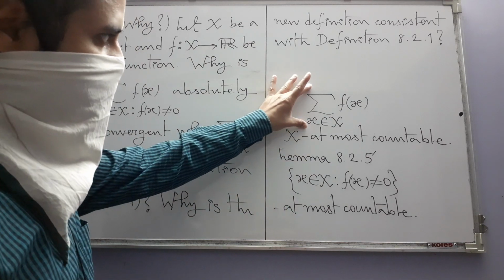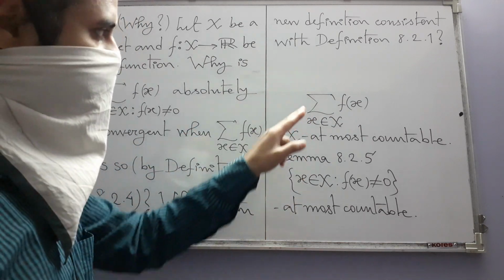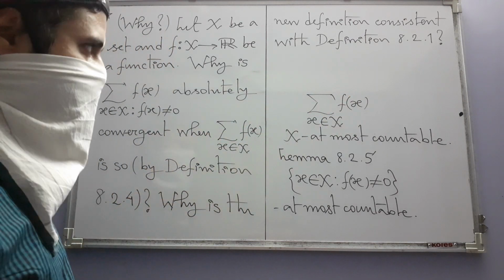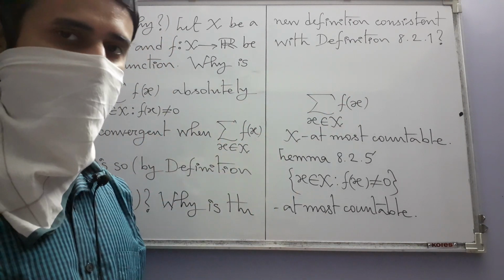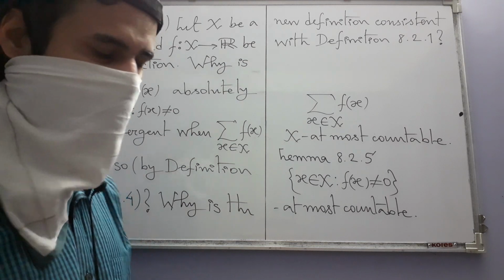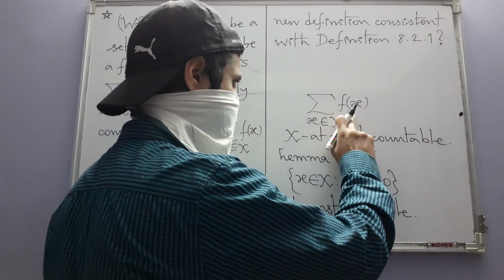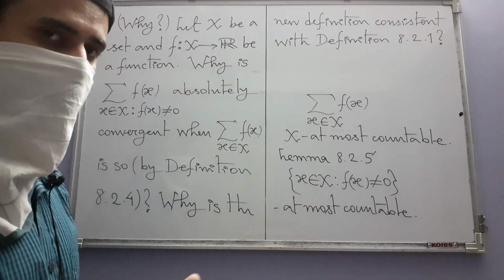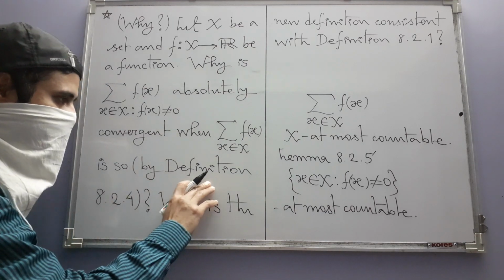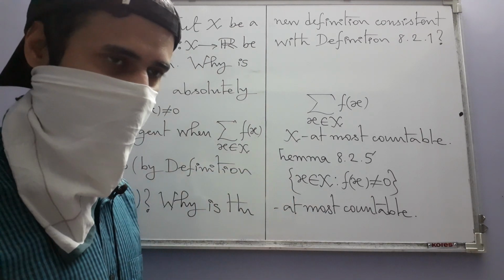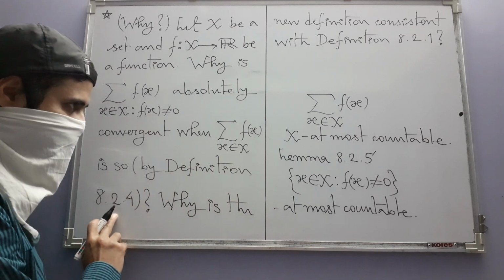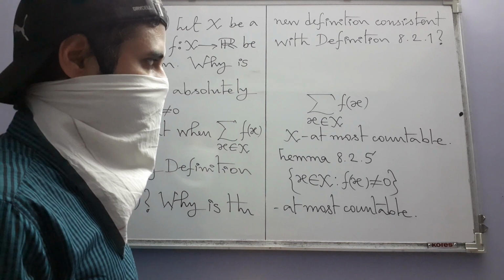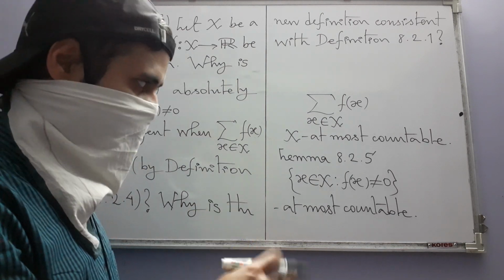Then you can define this sum in two ways, either using the first definition or using the second definition. Consistency of the two definitions means that when this is absolutely convergent by the first one, then it should also be absolutely convergent by the second one, and vice versa. When it is absolutely convergent according to this second definition, it should also be absolutely convergent according to the first definition. And that is something actually we have proved.